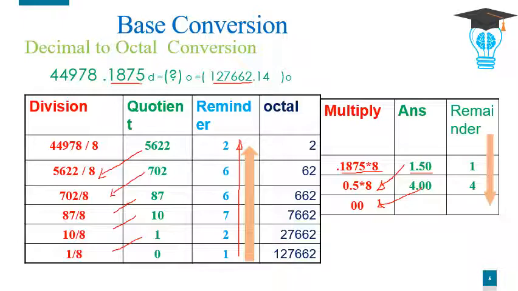If at all the number continues, do the multiplication only 2-3 times. If it is not stopping at any point with the answer being 0, you can stop at that point. Now it stops at 2 steps. My answer is 14. So totally 44978.1875 of decimal, equivalent of that is 127662.14 of octal.